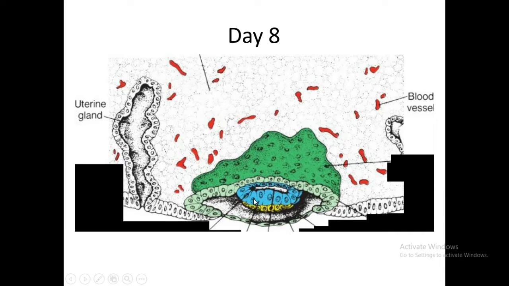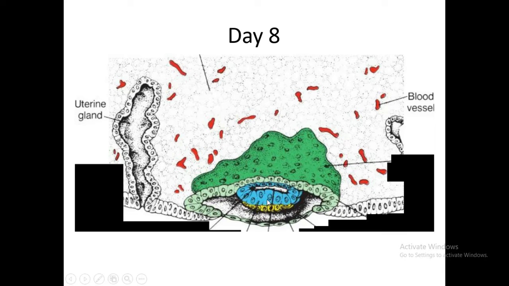The inner cell mass also differentiates on day 8 into two important cell layers. First of all, this columnar blue cell is known as the epiblast, and the lower yellow cuboidal cell is the hypoblast.